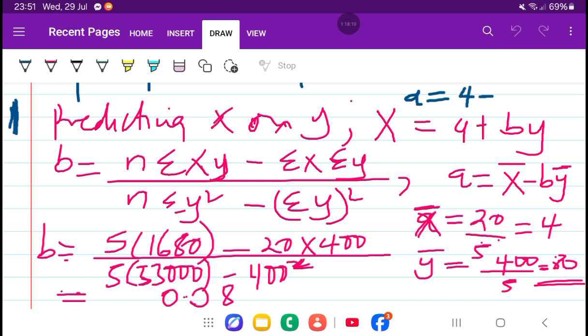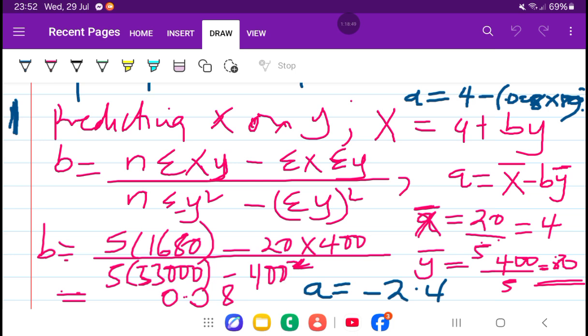So it will be 4 minus, now we are getting 0.08 times 80. So that will give you a negative, a will be negative 2.4.